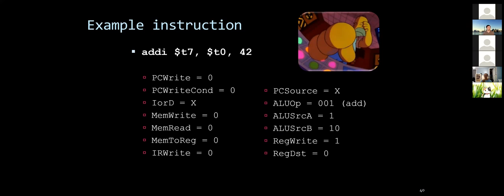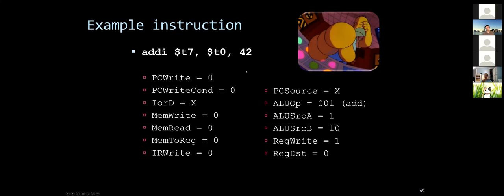That's actually a huge simplification from the reality, but I hope we can figure it out with a few examples. This example is an instruction add I, right? That takes two registers, T7, T0, and 42, using the notation you're going to see in the assembly soon. Here I'm already setting up the flags.